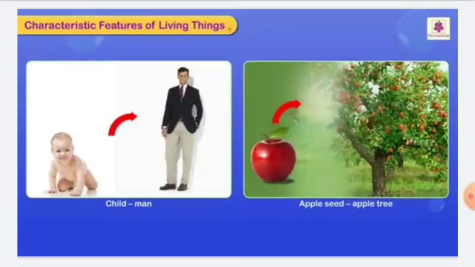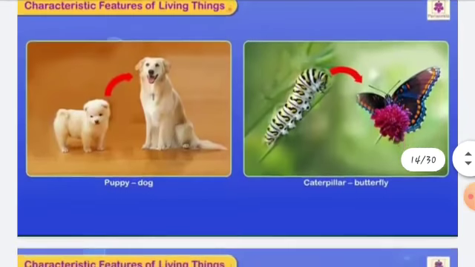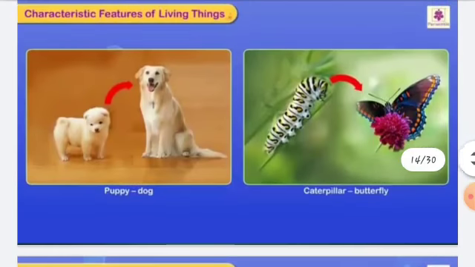Here again you can see a child growing into a man and the seeds of an apple getting converted into an entire tree. Here we are quoting the example of a puppy converting to a dog, a caterpillar converting to a butterfly.